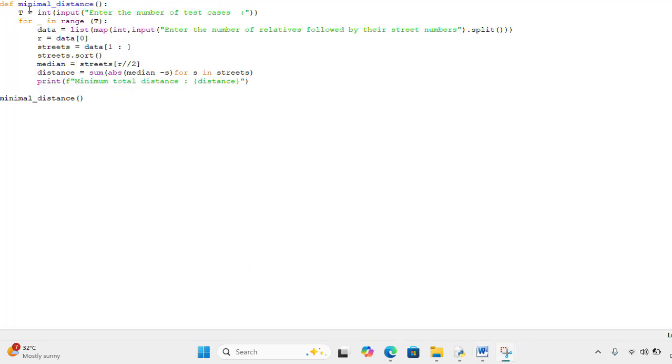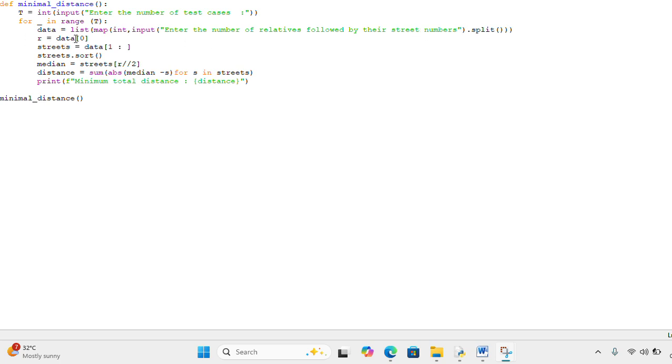So guys, this is the code where I have defined a function named minimal distance, where t is the number of test cases which we are taking from the user. Then for underscore in range of t, the data is a list from map, so we have split it.